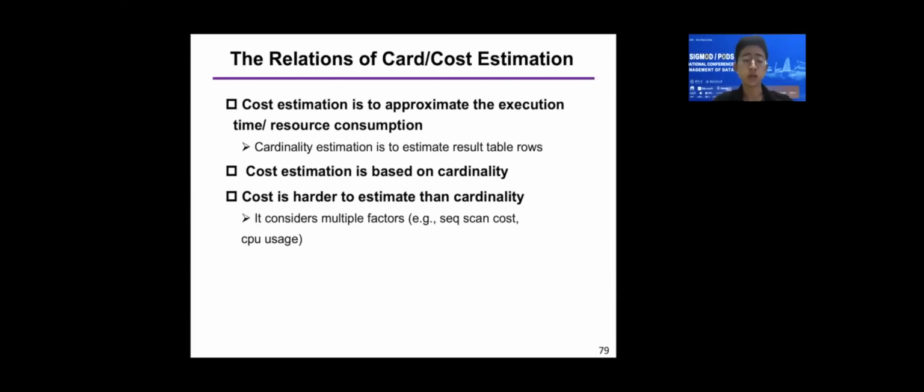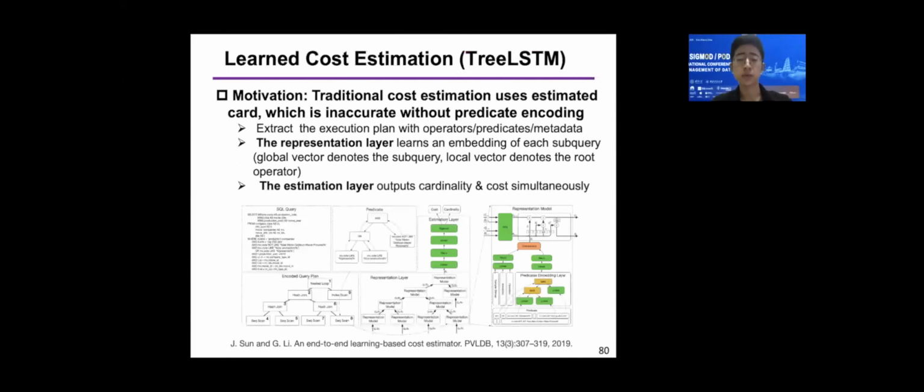And the cost is much harder to estimate than cardinality, because it needs to consider multiple factors like sequential scan costs at the physical level.